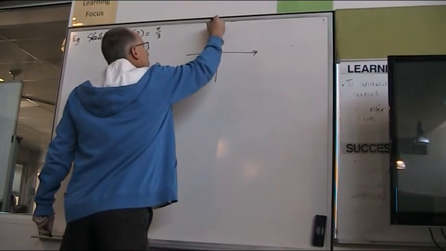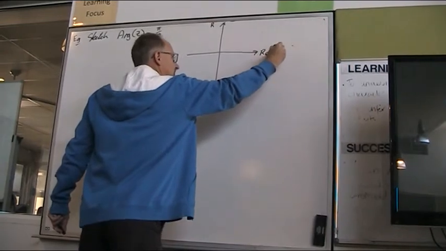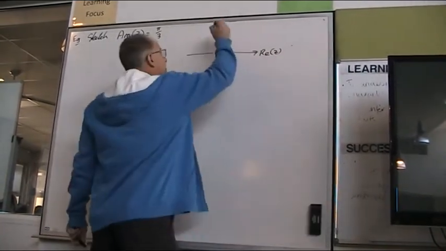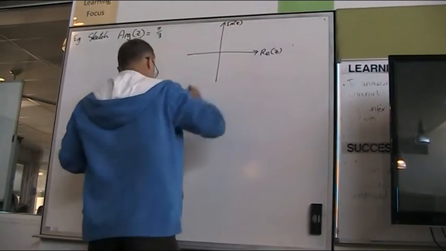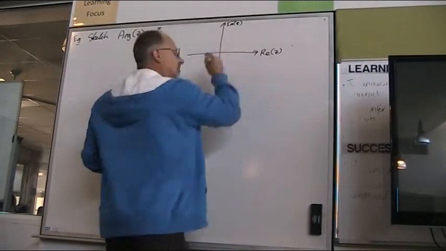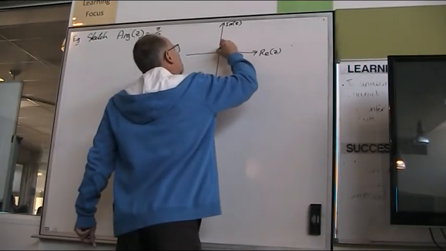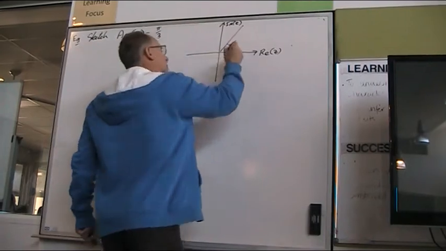Real part of z, imaginary part of z. So certainly if we go up there, that's pi on 3.